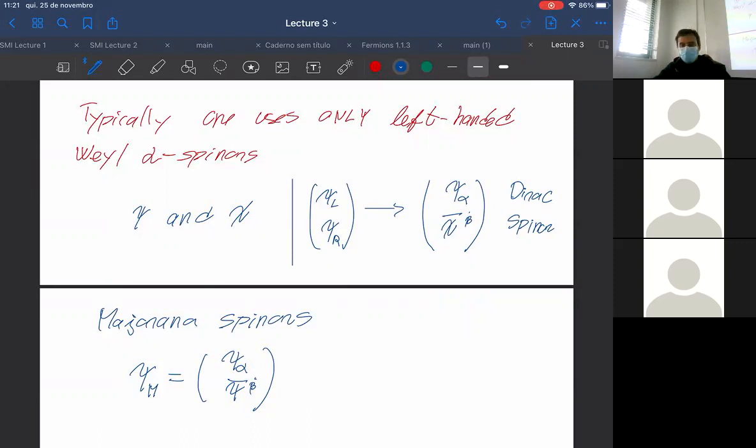So what is the physical interpretation of this? It is that the particle and the antiparticle are the same, and this happens for the case of neutrinos. This is what happens in neutrinos essentially. But there are more Majorana things in theory.